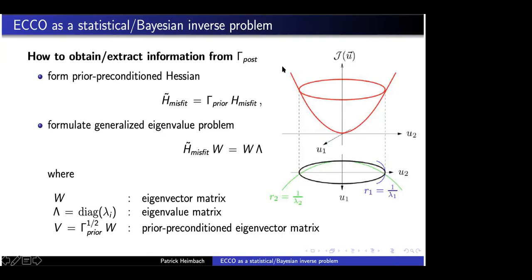And that is shown emblematically in this figure here, where the Hessian basically tells us something about curvature. In one direction, where the curvature is large, it means that the observations constrain that uncertain direction of the parameter very well. And in another direction, where the curvature is very low, it means that the observations have almost no impact on constraining that parameter.